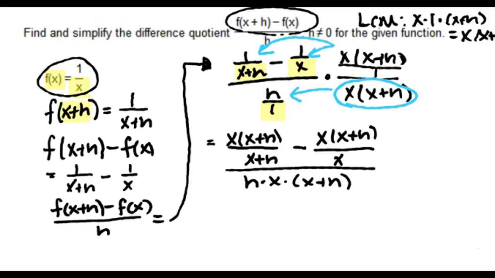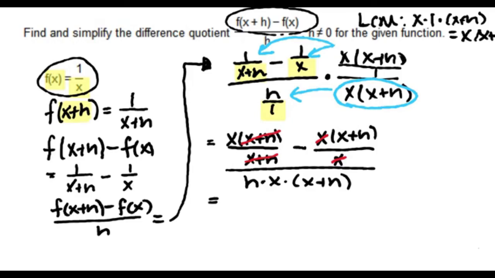Now this next step is where the clearing fractions method gets its name, because we have some common factors here, x plus h canceling out and x canceling out. By multiplying by the least common multiple of the denominators, we're canceling out those denominators, or clearing the fractions from the expression.